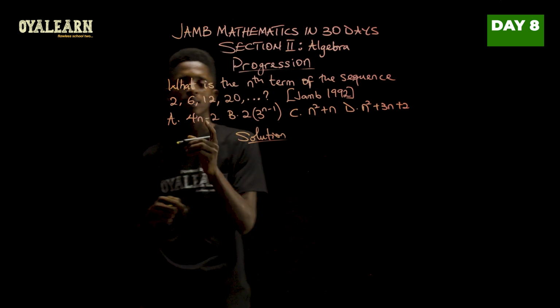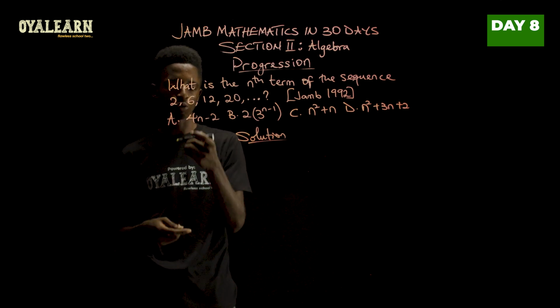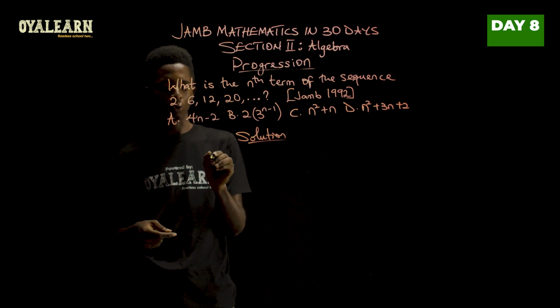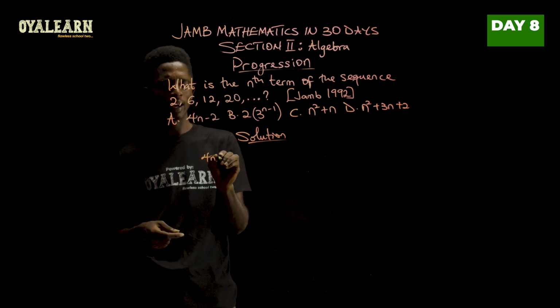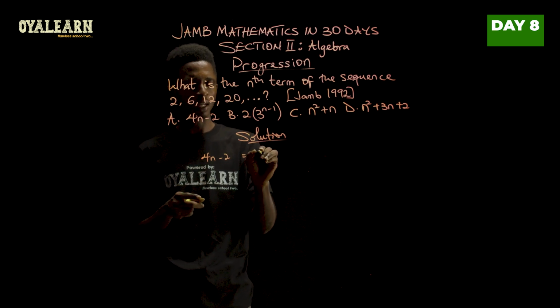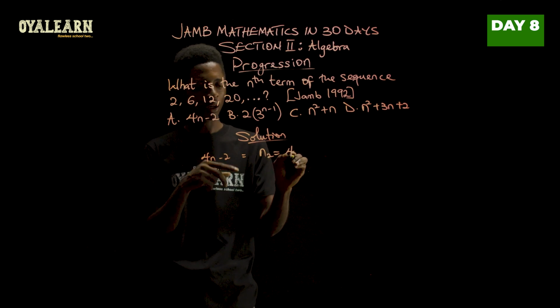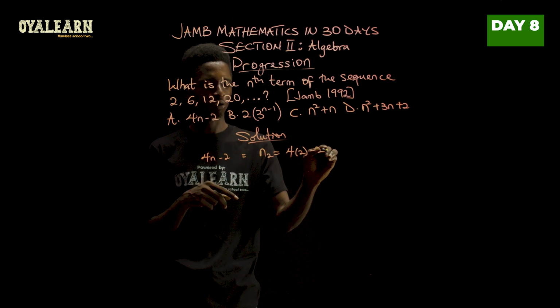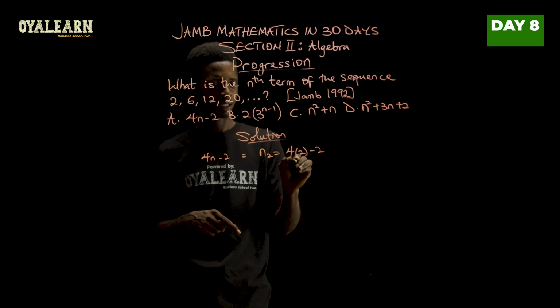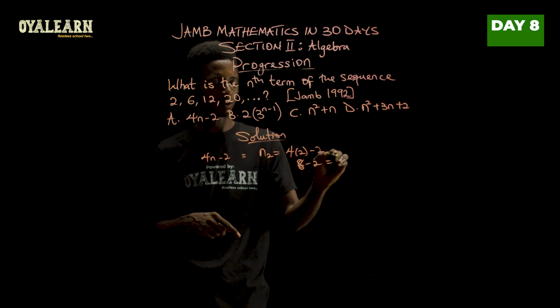I'm going to be testing each of them with term number 2. Going for the first one, 4n minus 2, the second term would be 4 into 2 minus 2, which is 8 minus 2, and this will give you 6.